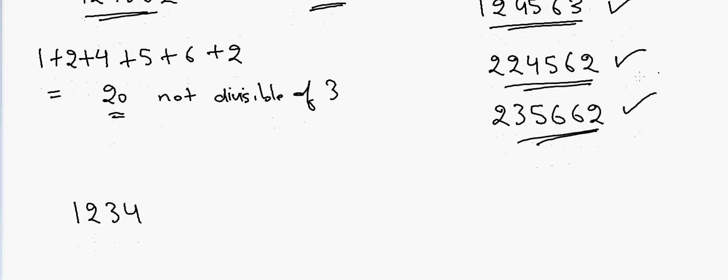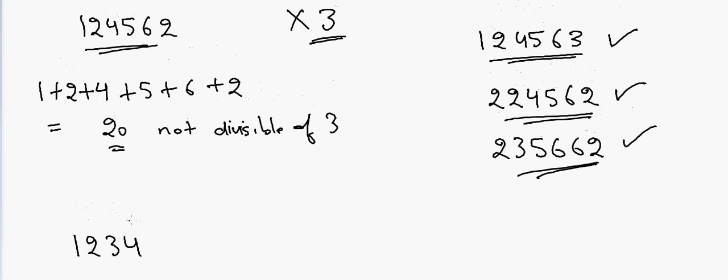Now let's talk about 4. The number was 124562, and we ask whether it is divisible by 4 or not.